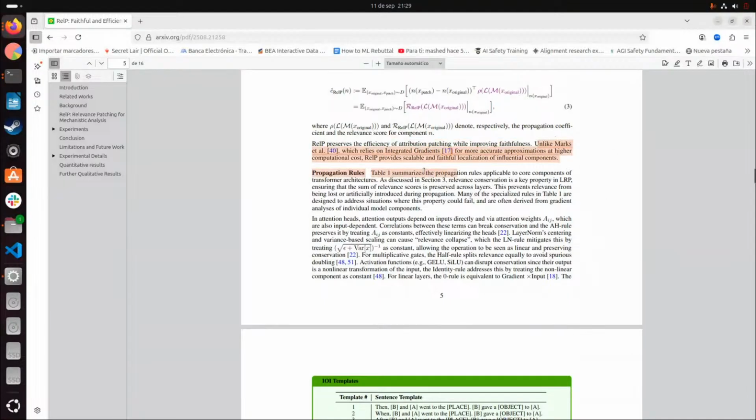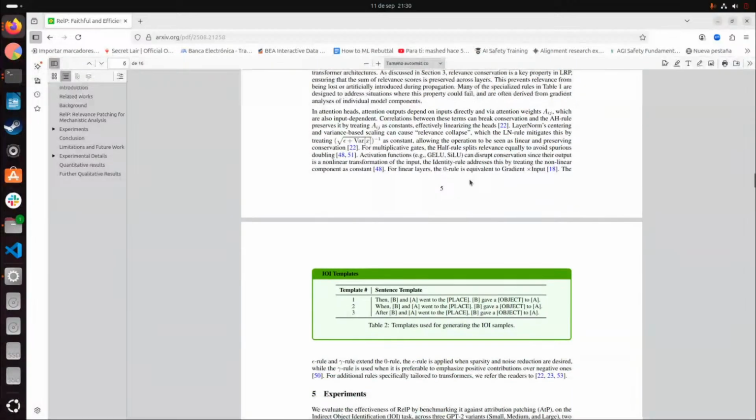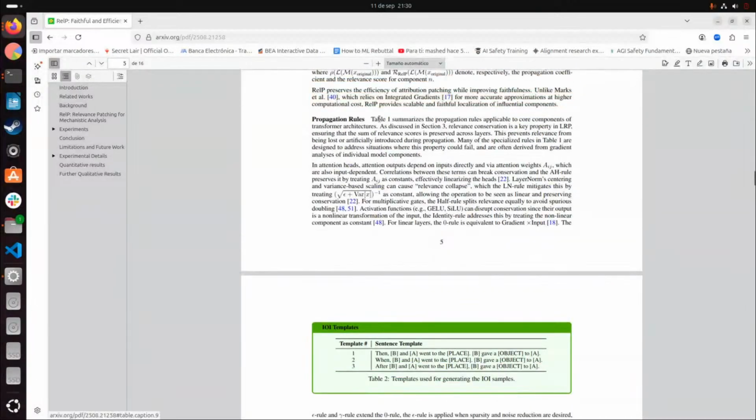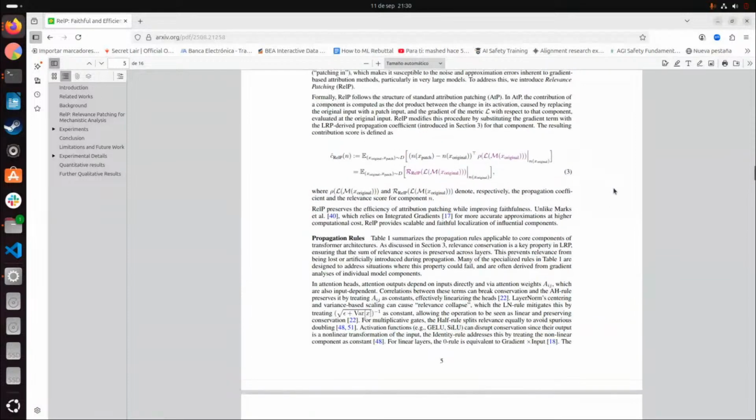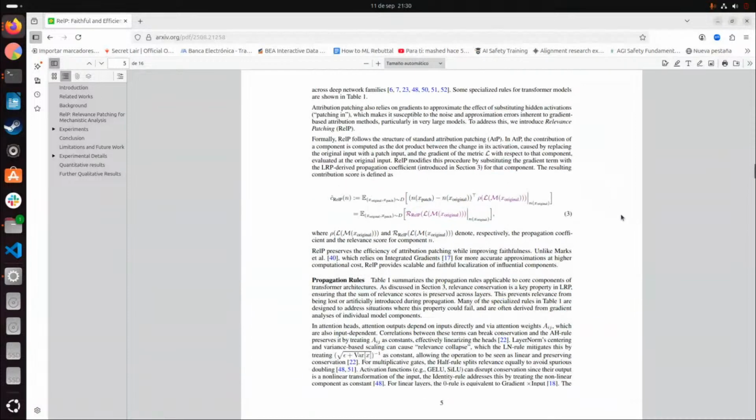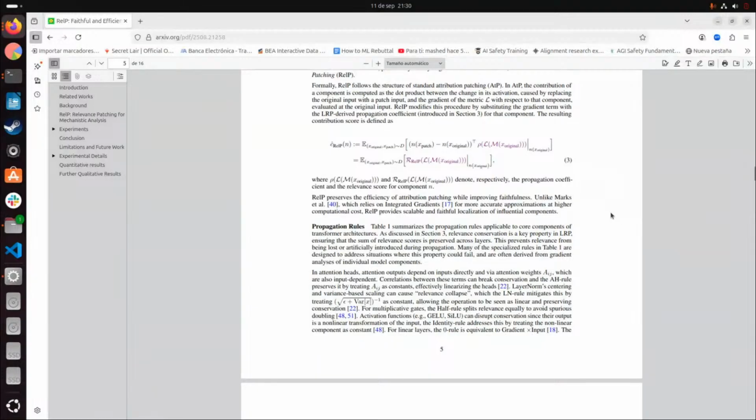Unlike Marks et al., which relies on integrated gradients for model-correlated approximation at a higher computational cost. Yeah, I don't know what integrated gradients is, but okay. RelP provides a scalable and faithful localization for influential components. Propagation rules. Okay, here's the propagation rules. I guess this thing is, instead of doing a gradient, you are using propagation rules to calculate some coefficient.